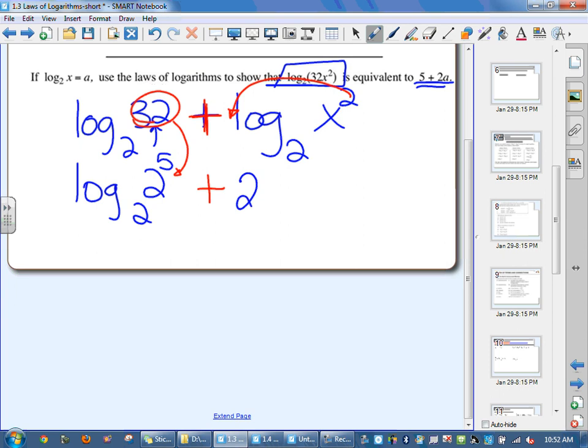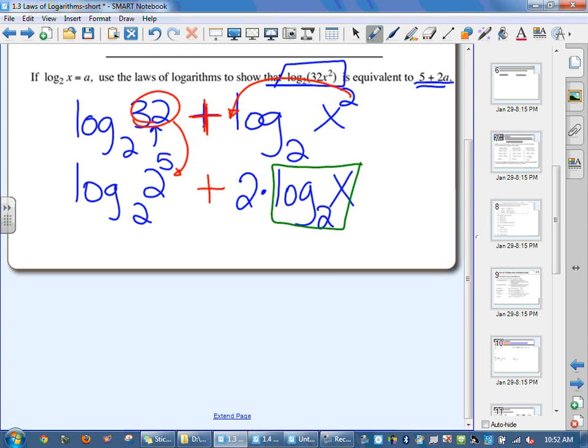Now in this question, at this point, they're telling us that this part of the equation is equal to the letter A. So where that part of the equation is, I put the letter A. Okay? Now on the left-hand side, my base and argument are the same. I can cancel them. So my 5 comes down.